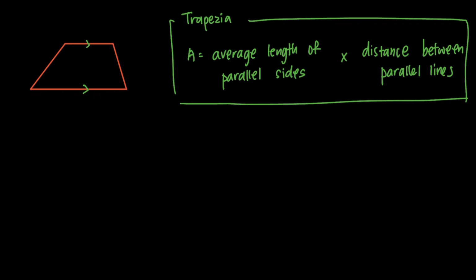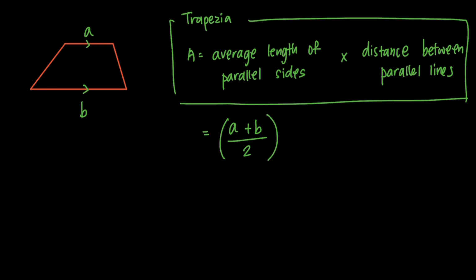So, to find the average length of these parallel sides, I'll give them a name. I'll call the top line A and the bottom bit B. So for the first bit, where it asks for the average length of parallel sides, I will go A plus B. And to find the average, I'm going to divide that by 2.